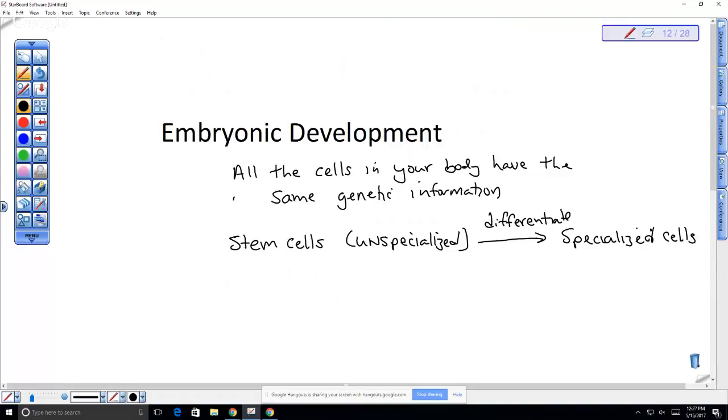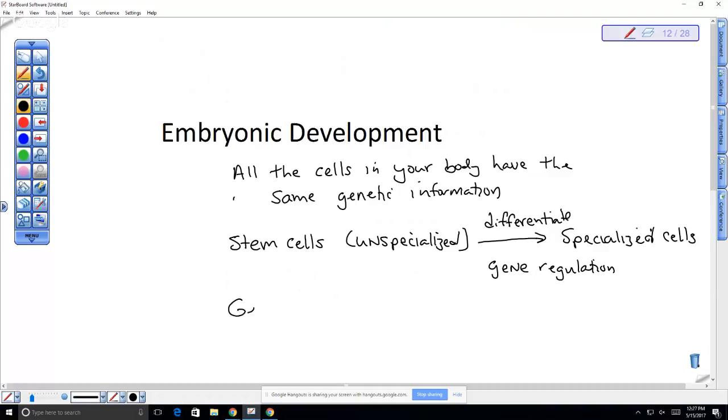And these specialized cells have specific genes turned on and others turned off. So this process of differentiation is due to gene regulation. Remember that genes code for proteins.